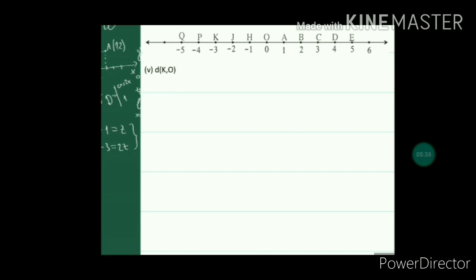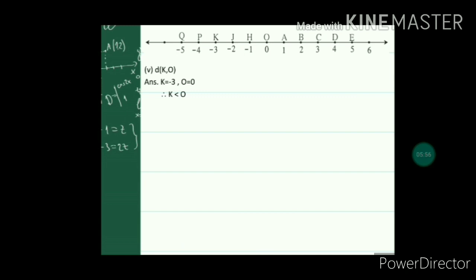Another example is distance of KO. Here, coordinate of K is equal to minus 3 and coordinate of O is 0.